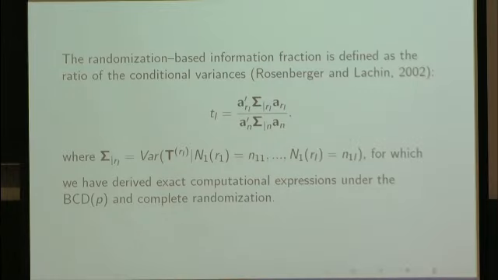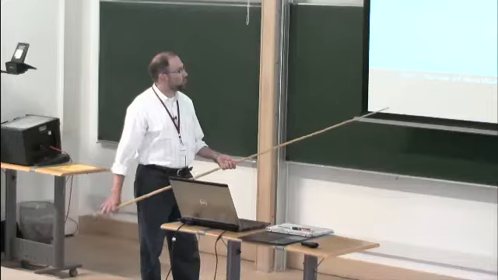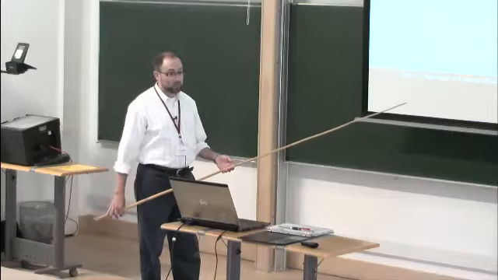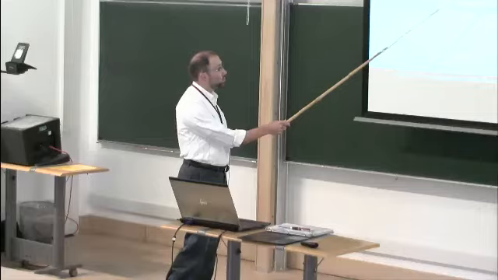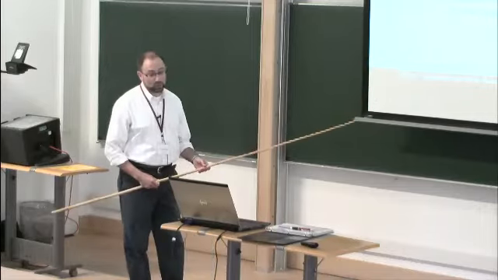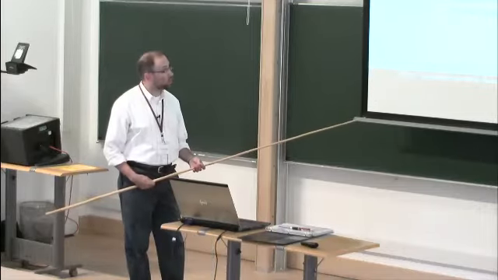We still have variances, which is really what we're interested in. So we can calculate the variance, but now the variance is calculated with respect to the randomization procedure, and in particular, it's calculated conditional on the number of patients on treatment A.